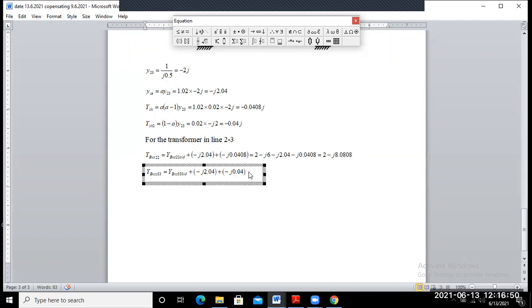Just put the value of Y bus 33 old. Y bus 33 old is 2 minus j6. So put the value here and just solve it.